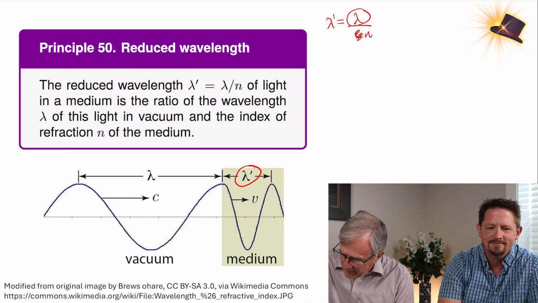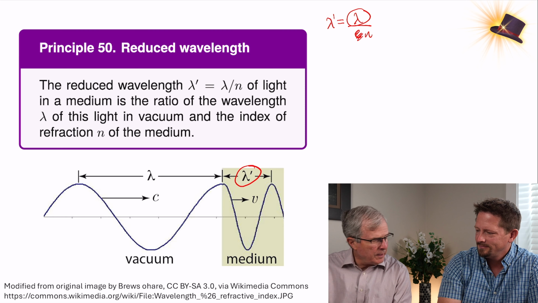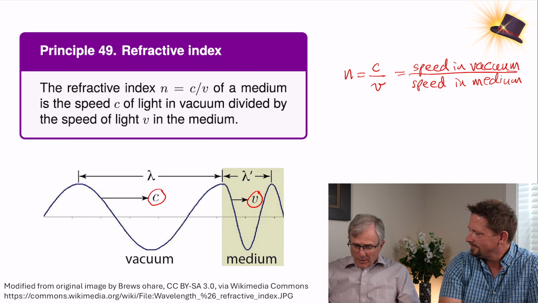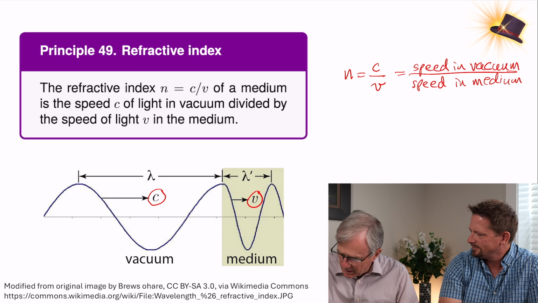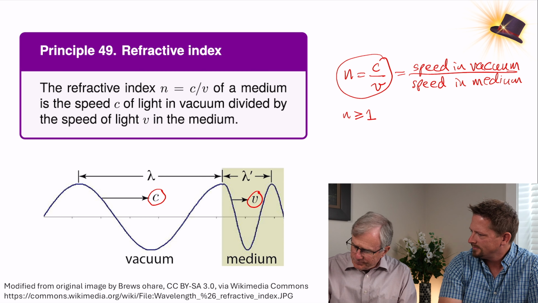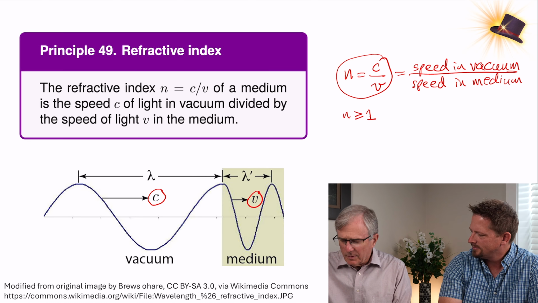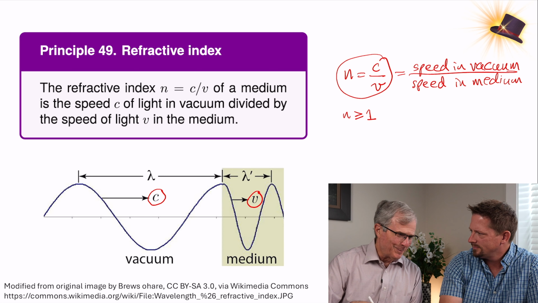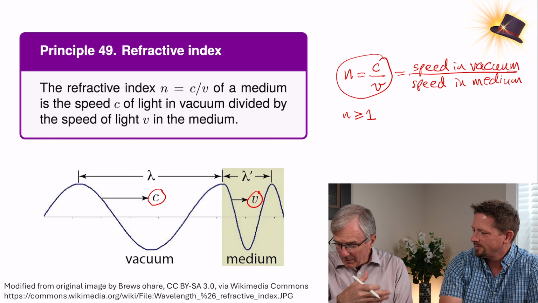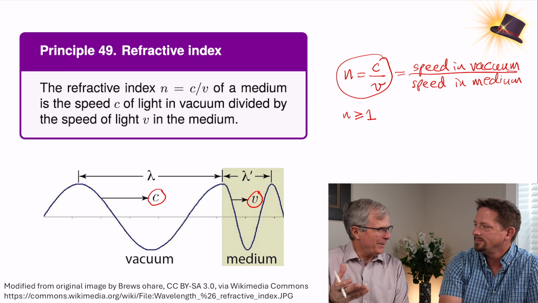So if you take that wavelength, let's say the wavelength in vacuum is 1 meter, and you divide by the index of refraction. I need to say one more thing about the index of refraction. This index of refraction is a number that is greater than or equal to 1. Why is that? If the medium is vacuum, then the speed in the medium is exactly the same as the speed in vacuum.